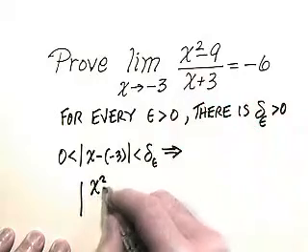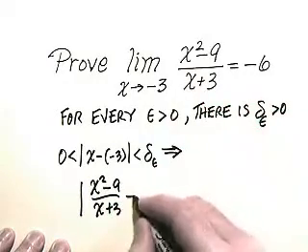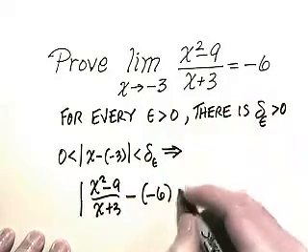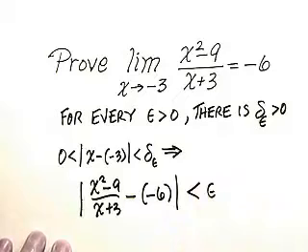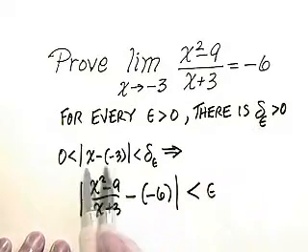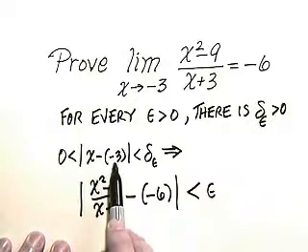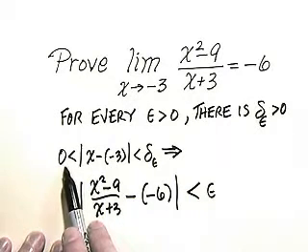Now remember, this provision that the absolute value of the difference between x and the limit point, negative 3, be positive guarantees that the x in this expression cannot be negative 3. And notice our denominator here would be 0 if x is negative 3. So that's a very useful fact.